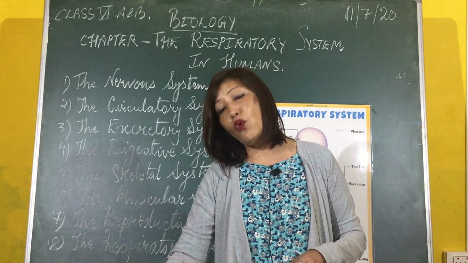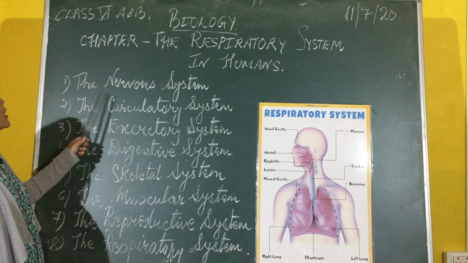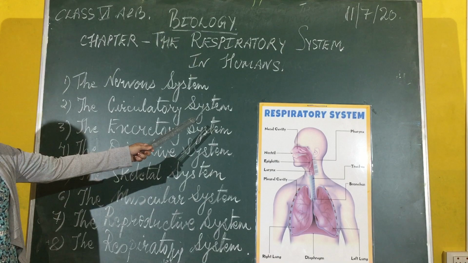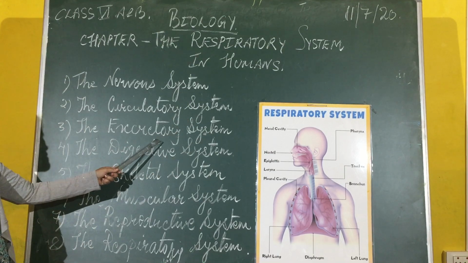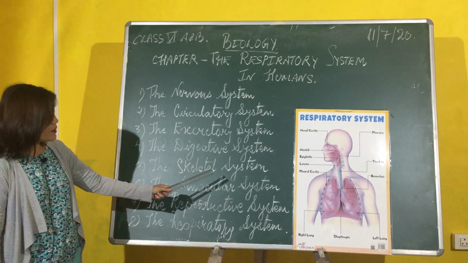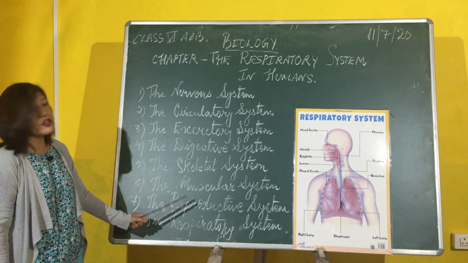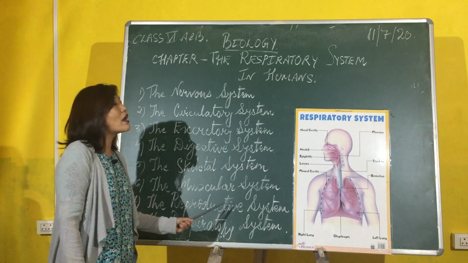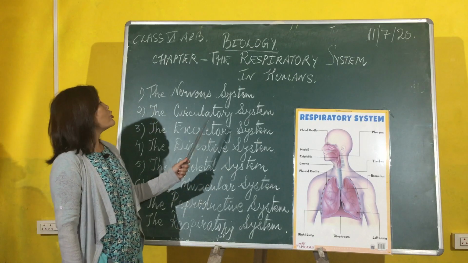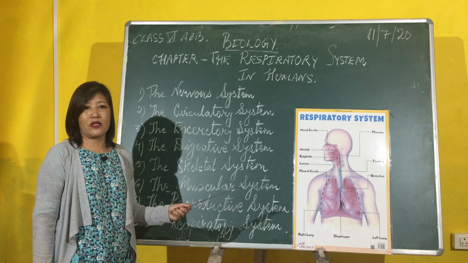If you see those systems in our body, they are the nervous system, the circulatory system, the excretory system, the digestive system, the skeletal system, the muscular system, the respiratory system, and the reproductive system. So these are the 8 systems which we have in our body, alright. Now I think you should know the organs also related with all these systems, right.